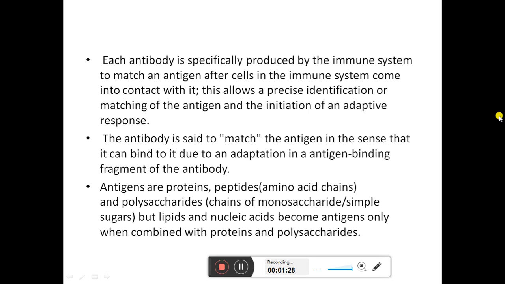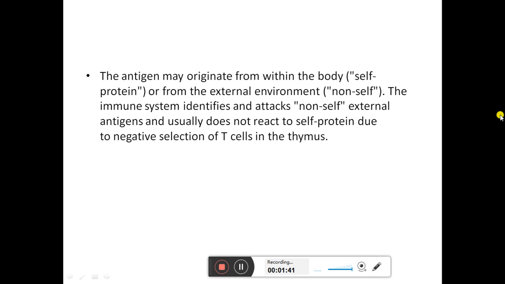Antigens are proteins, peptides, amino acid chains, and polysaccharides, but lipids and nucleic acids become antigens only when combined with proteins and polysaccharides. The antigen may originate from within the body, known as self-protein, or from the external environment, which are non-self.